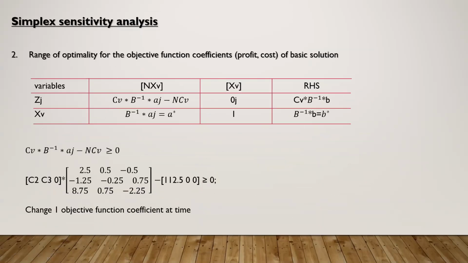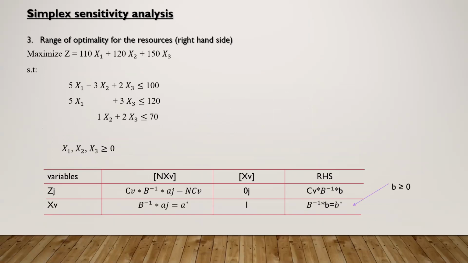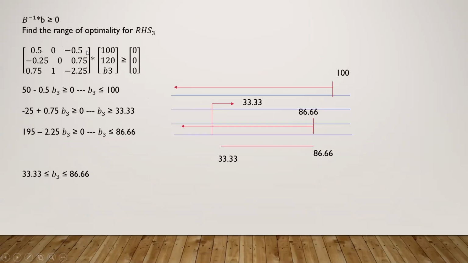As this expression should be more or equal to 0, the optimality condition is met for the right-hand side. So basically, you're going to multiply this matrix. You fix the first right-hand side and the second, then you have the third one over here.